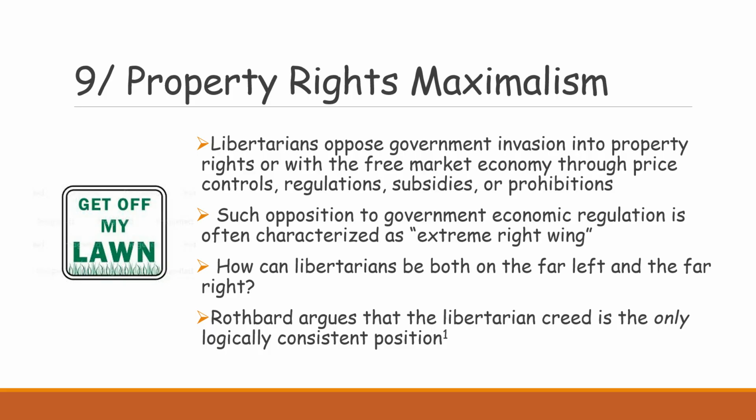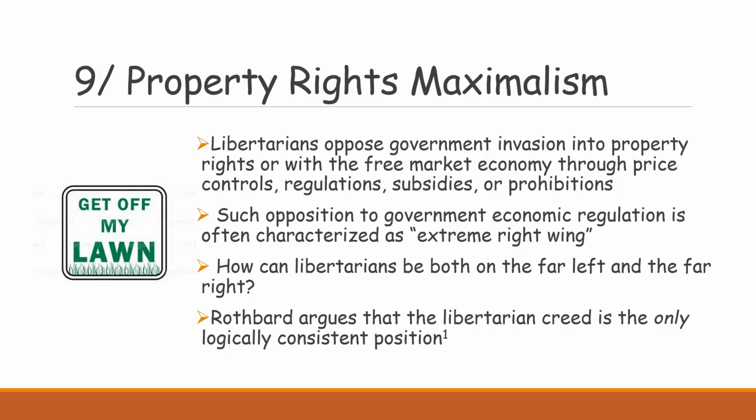But how can libertarians be on both the far left and the far right of the ideological scale? Rothbard makes the argument that, in fact, the libertarian creed is the only logical, consistent position. I'm reminded of Ralph Waldo Emerson's comment that a foolish consistency is the hobgoblin of mediocre minds, of statesmen, soldiers, and divines, and perhaps libertarians.